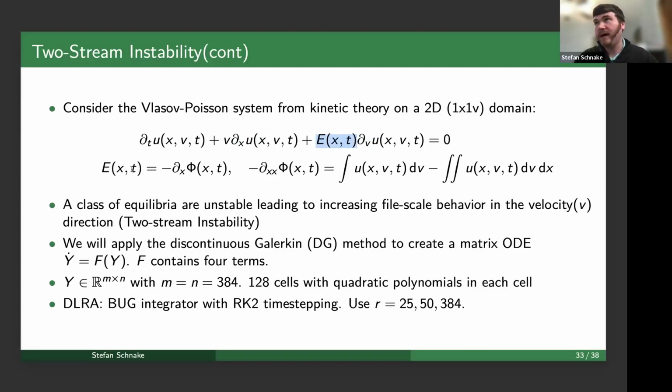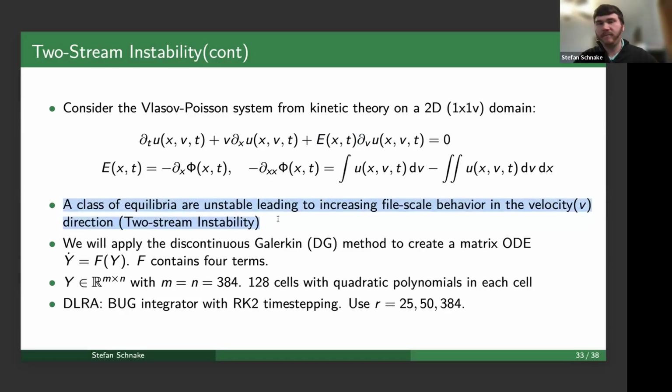And this electromagnetic potential is coupled to the distribution using a Poisson problem. It's nonlinear, but the nonlinearity is only in the x direction. So this is still separable. You have a v times a derivative in x, and you have an E that depends on u times, but it's only in x, a derivative in v. So you still have this separability that we can exploit.